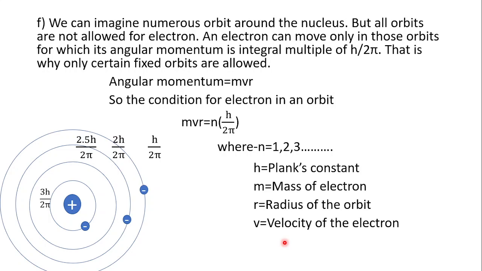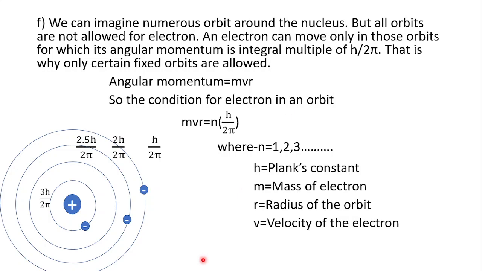So all the orbits are not allowed for the electron, only certain orbits are allowed, in which the angular momentum of the electron is an integral multiple of h by twice pi. That means only those orbits contain electrons in which the angular momentum is an integral multiple of h by twice pi.